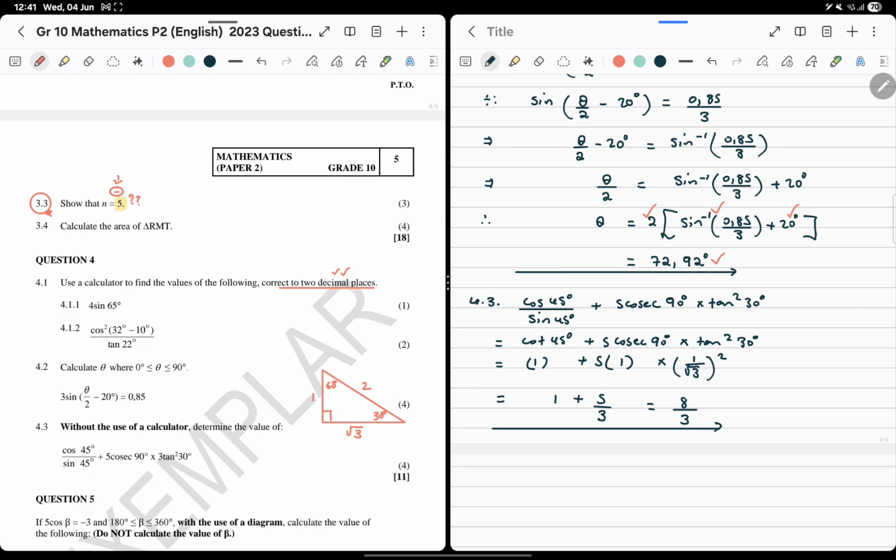Then we add 5 times 1 over sine 90 degrees. That times by 3 into tan. What was this? Tan of what? 30 degrees. Now the tan of 30 degrees needs to be squared.